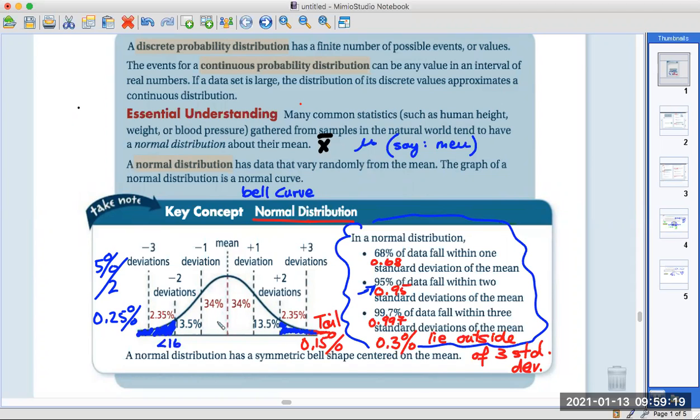That means the rest, 5%, are in the tails, but we only want half of the tail. So 5% divided by 2 is 2.5%.